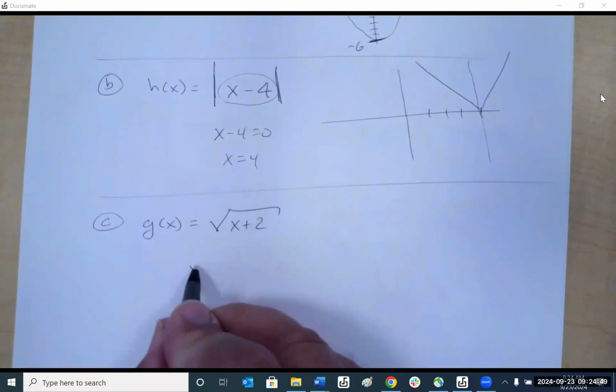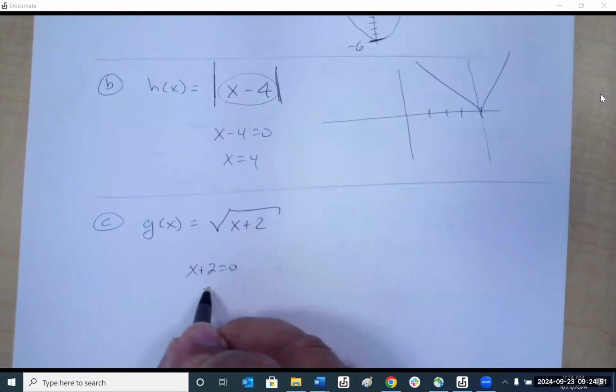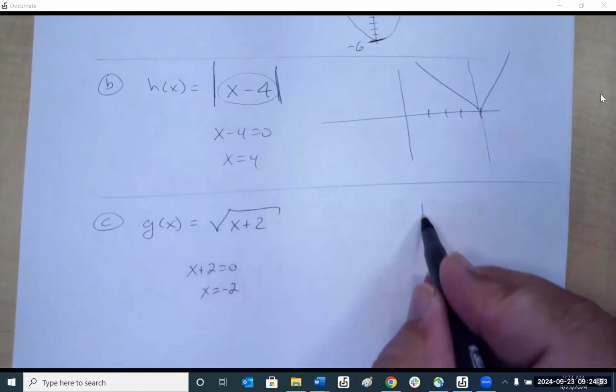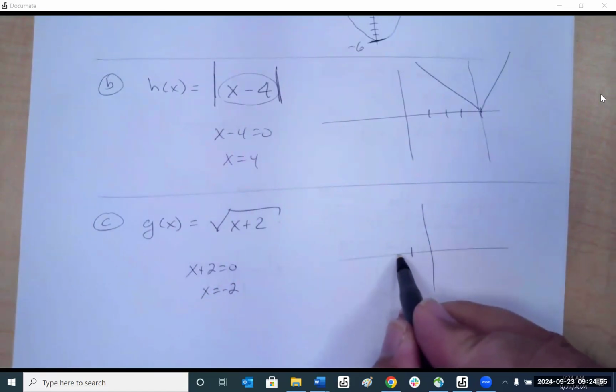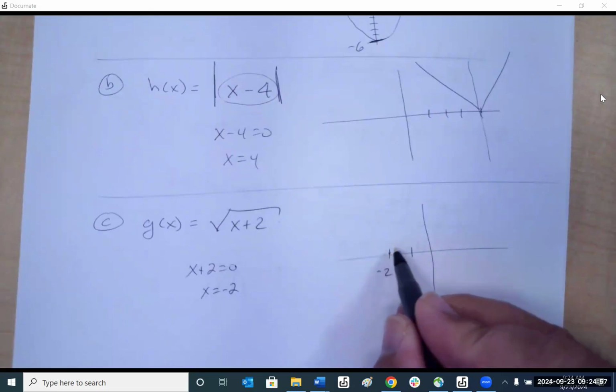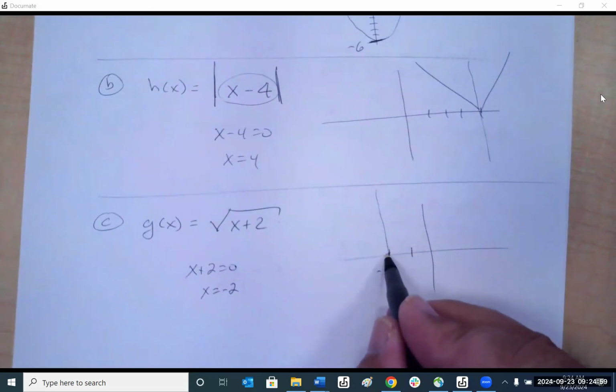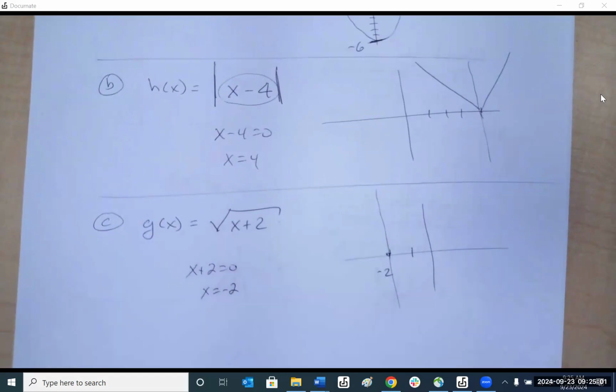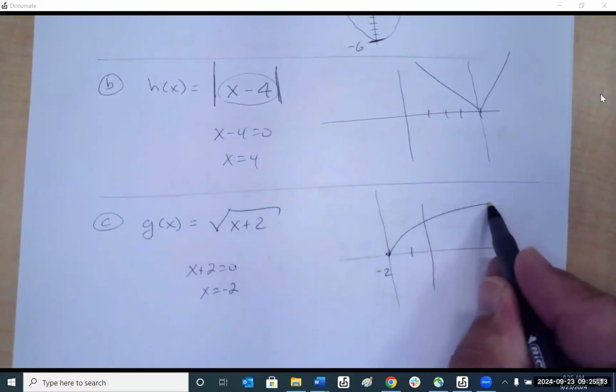Yes, because if we set that equal to 0, we have x equals negative 2. So we have our negative 2, that's our new origin right here. What does the graph look like? Right, since x is positive, it goes to the right.